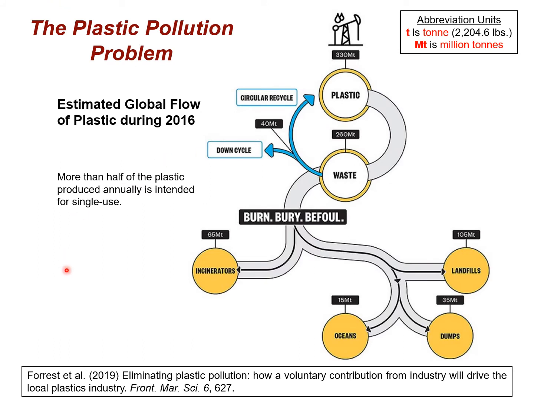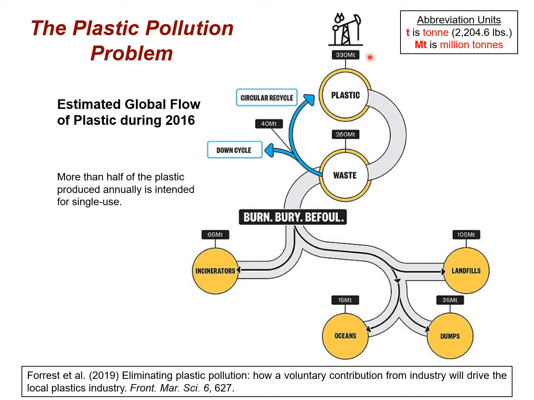There is a plastic pollution problem, and in this diagram, you'll see an estimated global flow of plastic during the year 2016. It starts out here with the production of plastics from fossil fuels, where in 2016, 330 million metric tons were produced.